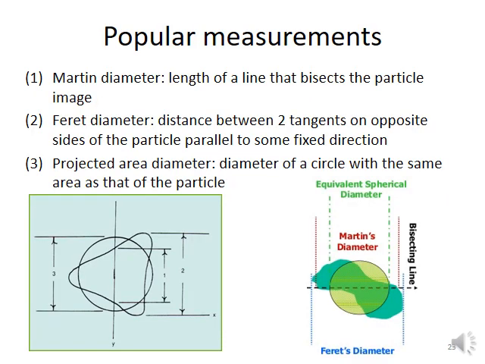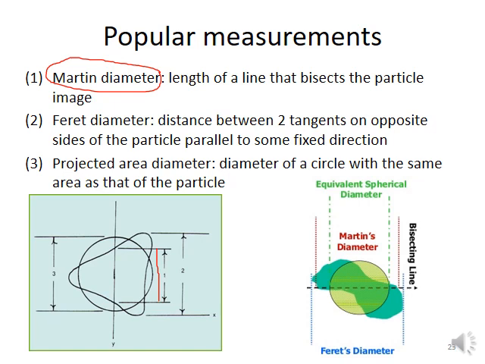Okay, when we discuss the measurements using the microscope, we have different methods to calculate the diameter. We have the Martin diameter, which is the length of a line that bisects the particle image. This is the Martin's diameter.